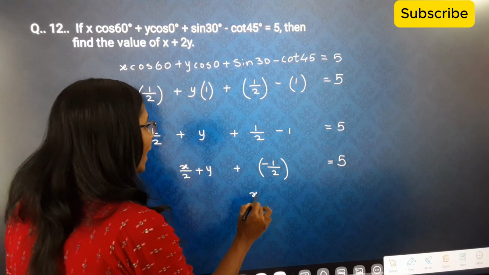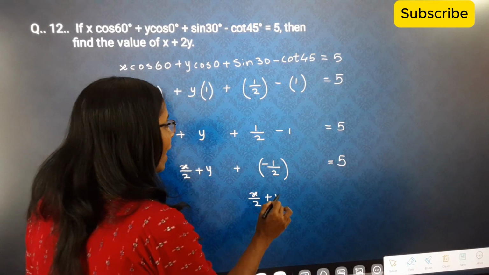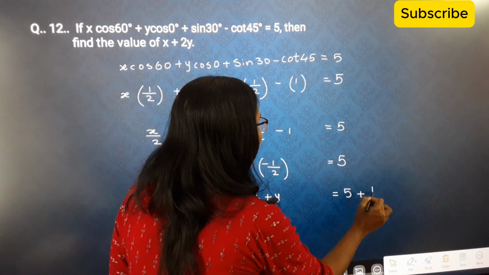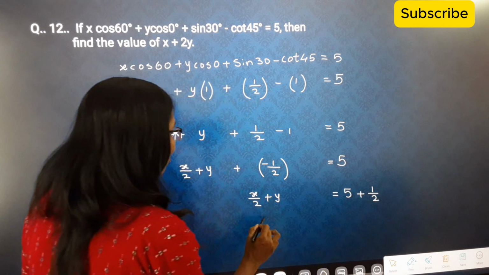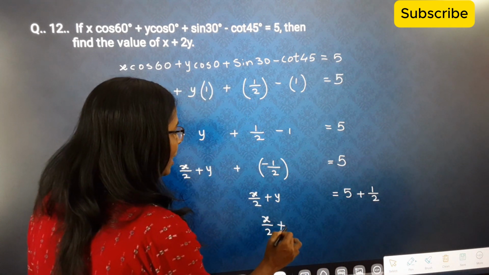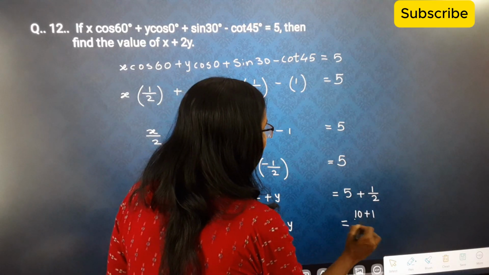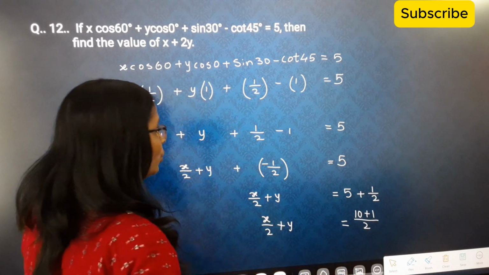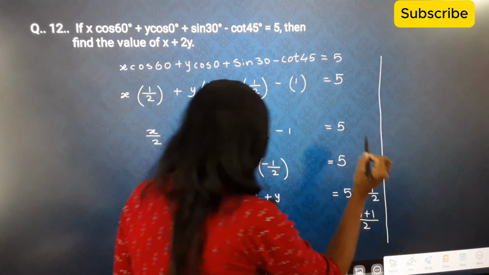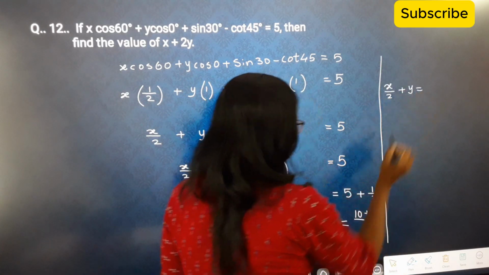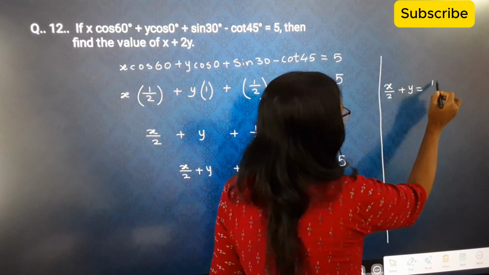So now here x upon 2 plus y is equal to 5 plus 1 upon 2. So x upon 2 plus y is equal to 10 plus 1 upon 2. That means, students, x upon 2 plus y is equal to 11 upon 2.